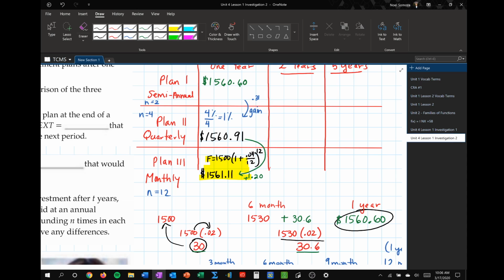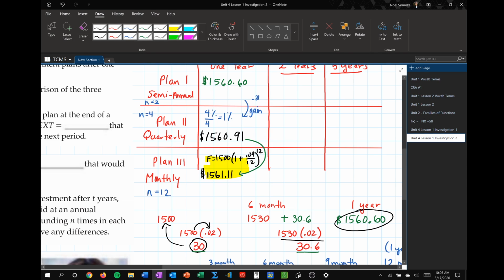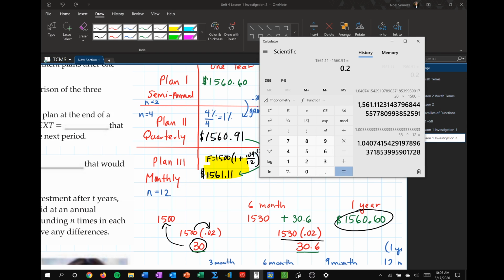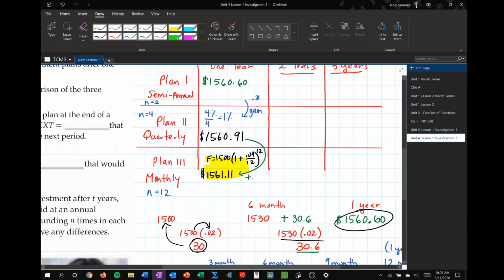No. Why can't I do this math right now? Yeah, it is 20 cents. I don't know what's going on with me. 20 cents.